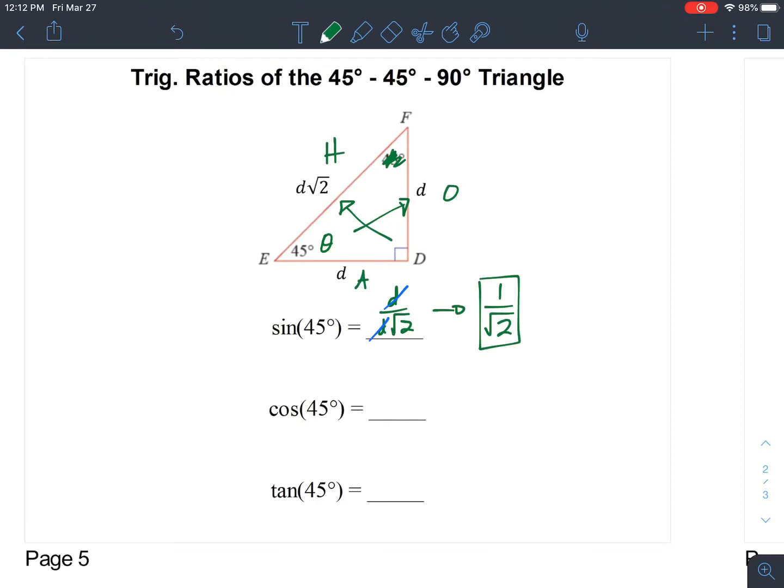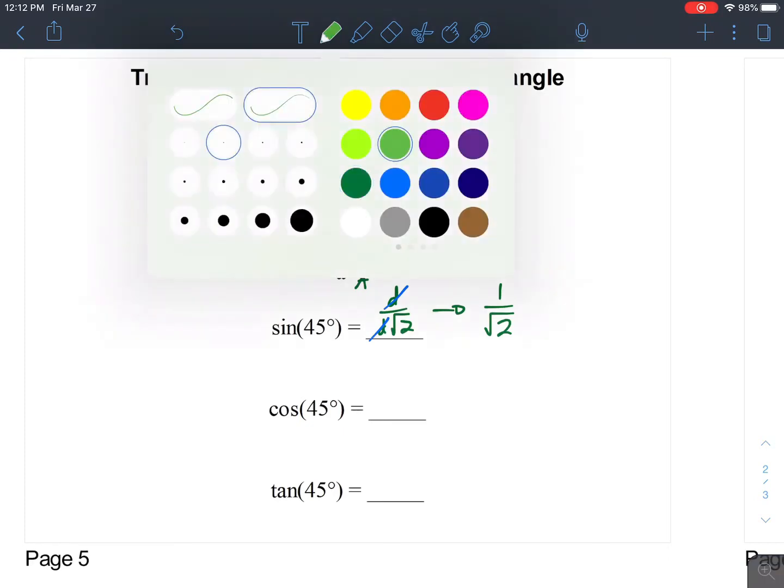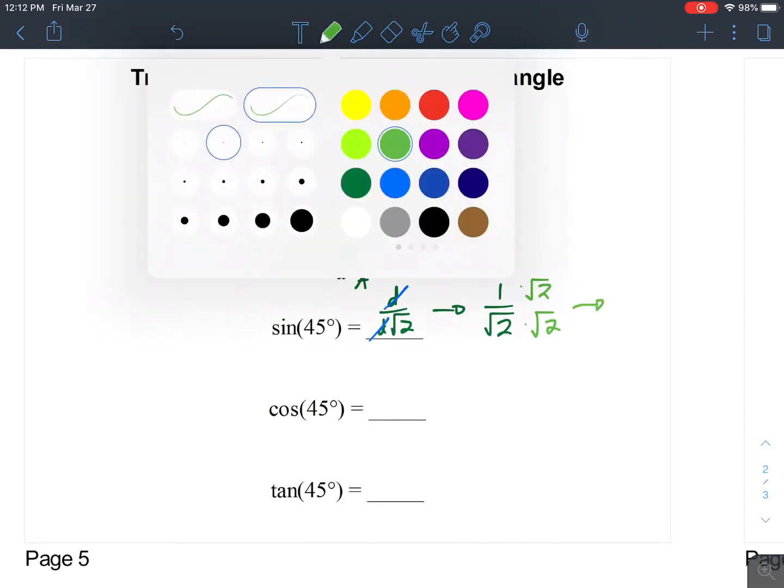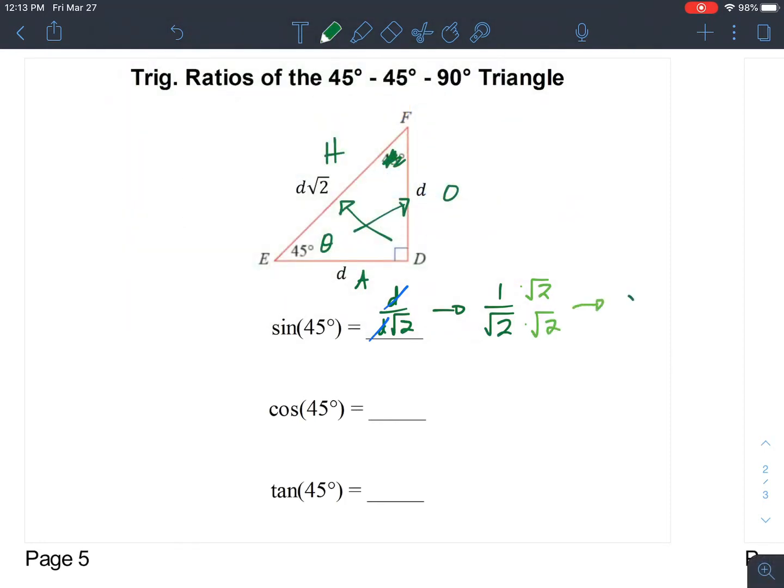If we instead multiply the top and bottom by square root of 2, so we rationalize, that is going to give us square root of 2 over 2. And this is going to be a very important ratio, not just for this year, but when you get into IM3 and then AP Calculus as well. You're going to see that ratio very often.